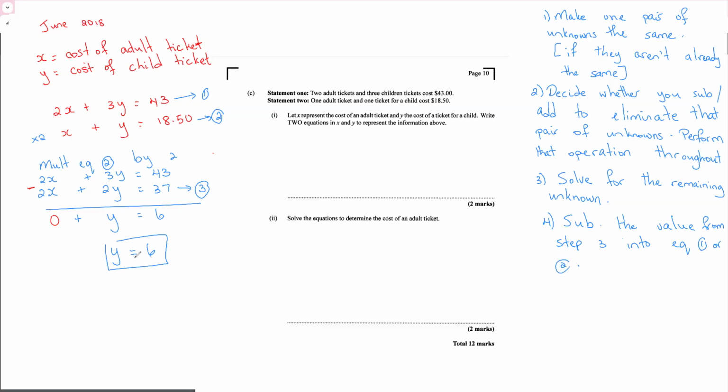So you substitute y into either equation 1 or 2. For some reason, I always put it into equation 1. So you let them know. Sub y is equal to 6 into, and you let them know which one you are substituting it into. I, for habit, always place it into equation 1.